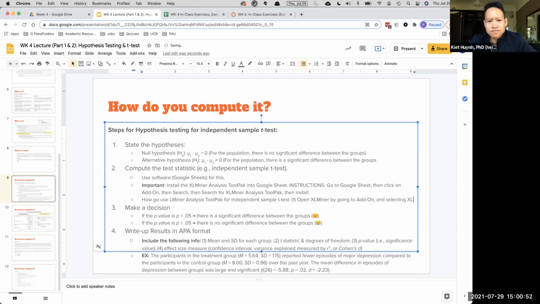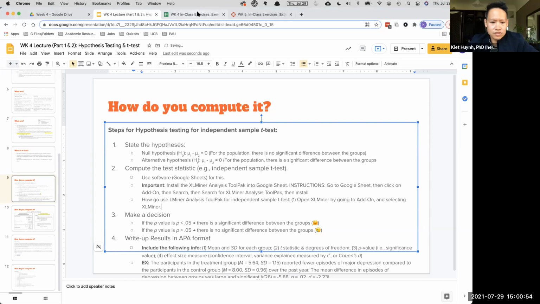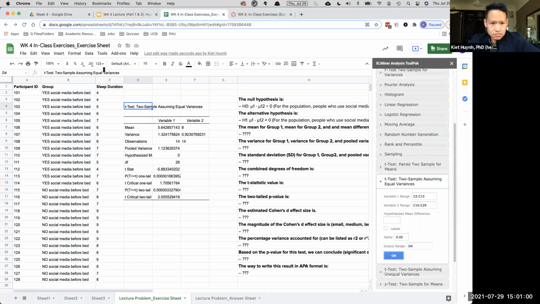And then two, variable one range, variable two range, and output range.